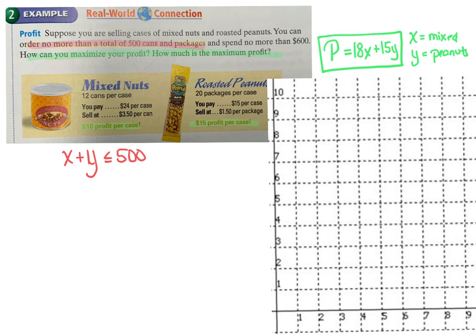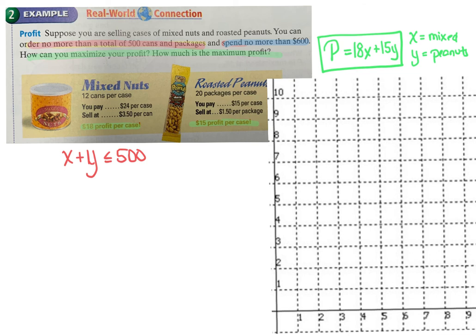The next constraint that they give me has to do with my cost, right? So it says spend no more than $600. So the cost of my mixed nuts and the cost of my roasted peanuts can be no more than 600. How do I represent that algebraically?